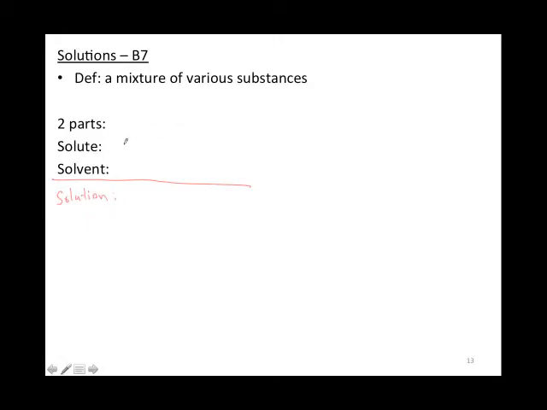So a solute is what is being dissolved or mixed, and the solvent is what is doing the dissolving, what we're adding the solute to.